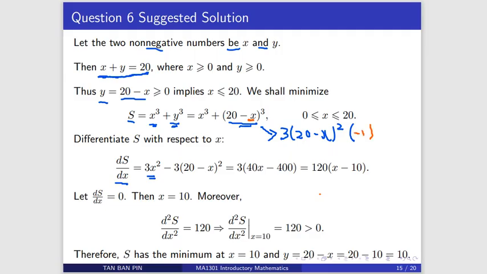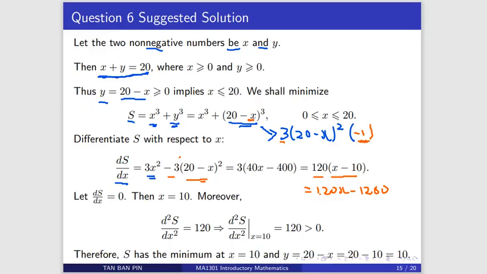So that's why it's negative 3 times (20 minus x) squared. So you can expand this out and simplify. You simplify to 120 times (x minus 10), or it's 120x minus 1200.